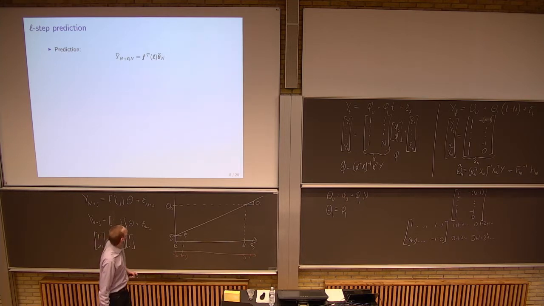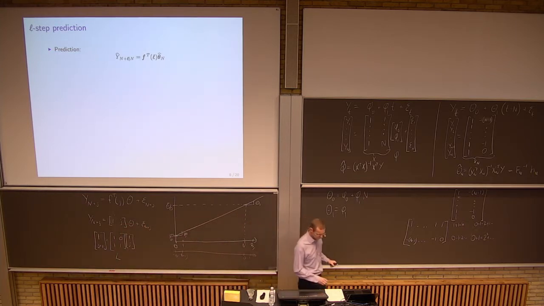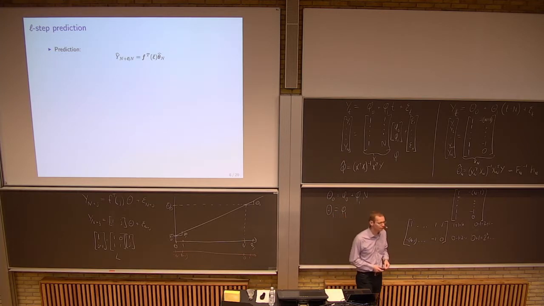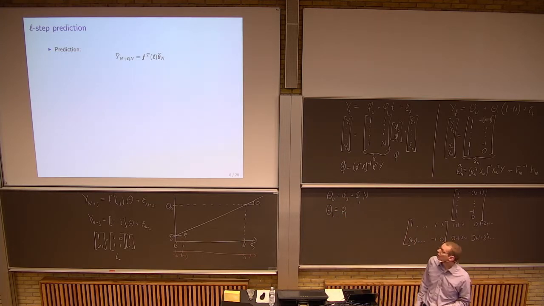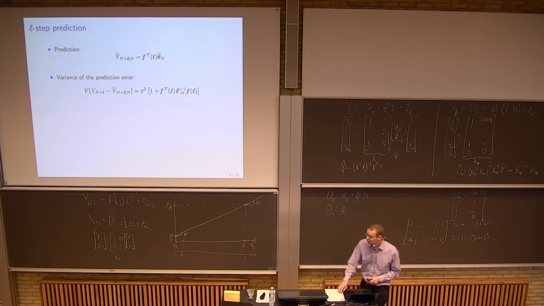So if you want to do predictions, what do you do? Well, we just said it's easy. You just plug in L, lowercase l here, or j. And the variance of a prediction error, this is one place where we should rewind a little bit to last week.